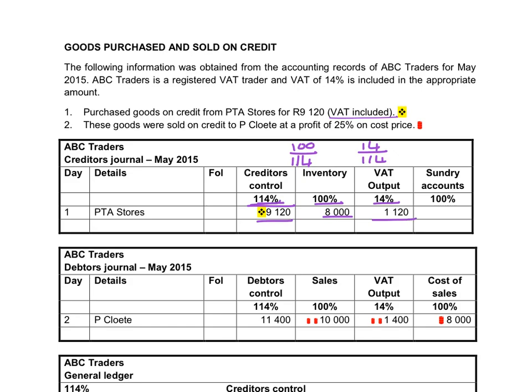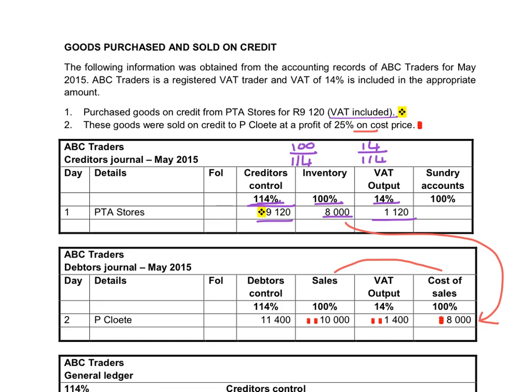These goods were sold to Piet Kloete at a profit of 25% on cost price. That means we have the cost price now, because the cost price that we paid equals the cost price that we sell it at. If I want to calculate the sales price, I will first calculate the sales price on the cost price, and that is the figure excluding VAT.